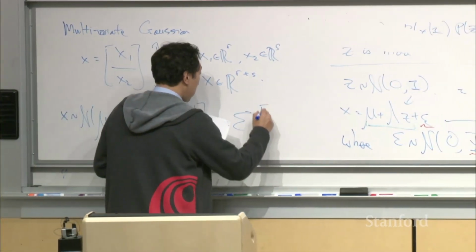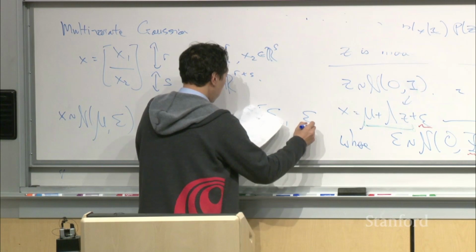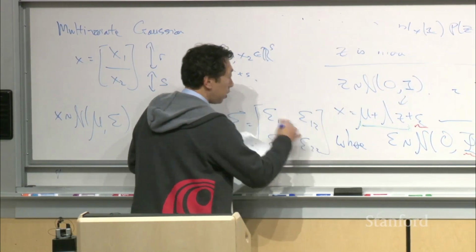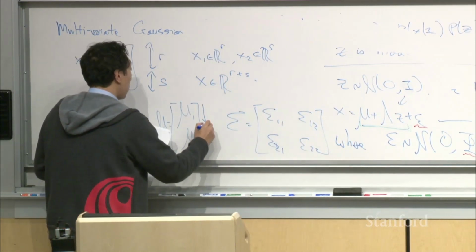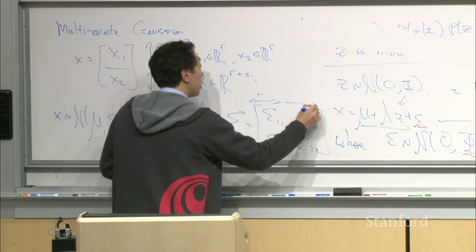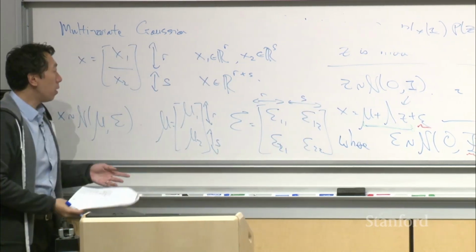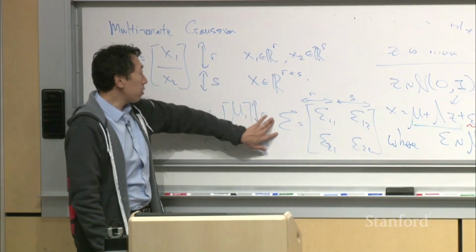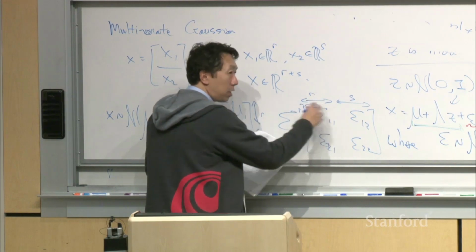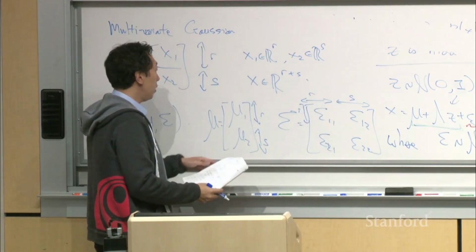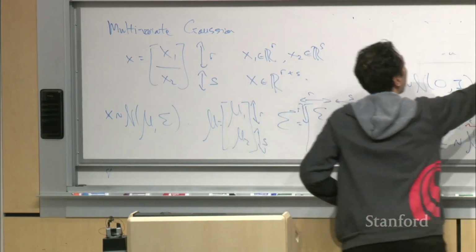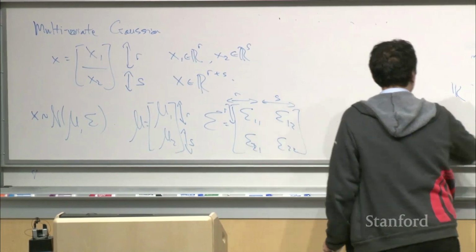And similarly, let's partition the covariance matrix into these four blocks, where the dimensions are R and S for the rows and R and S for the columns. All this means is you take the covariance matrix and take the top leftmost R by R elements and call that sigma 1,1, and similarly for the other subblocks of this covariance matrix.